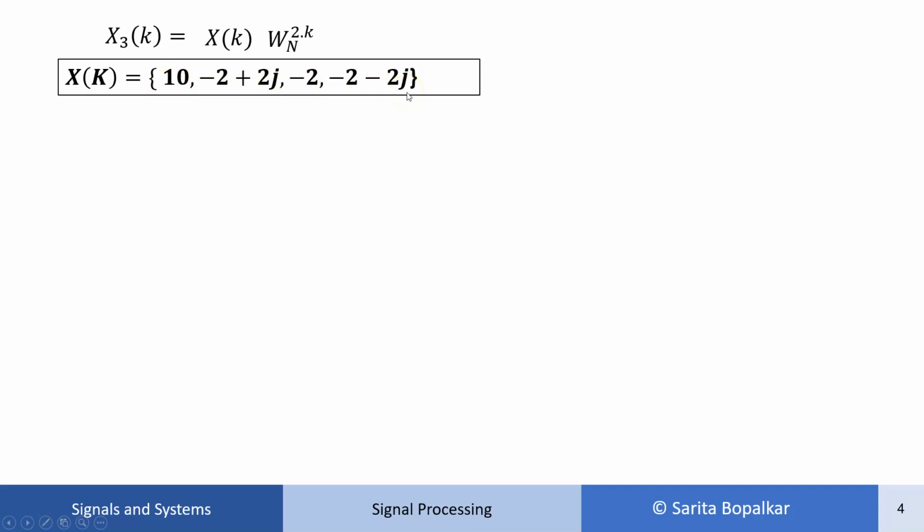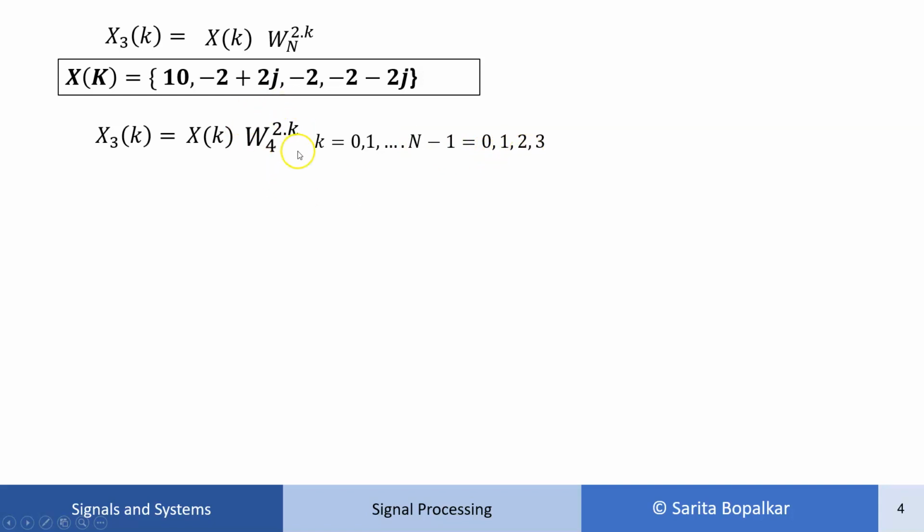We use this result from the first part to calculate X3 of k for the second. So X3 of k is X of k times W_4^{2k}, where k varies from 0 to N minus 1, N is 4, so that is 0 to 3.